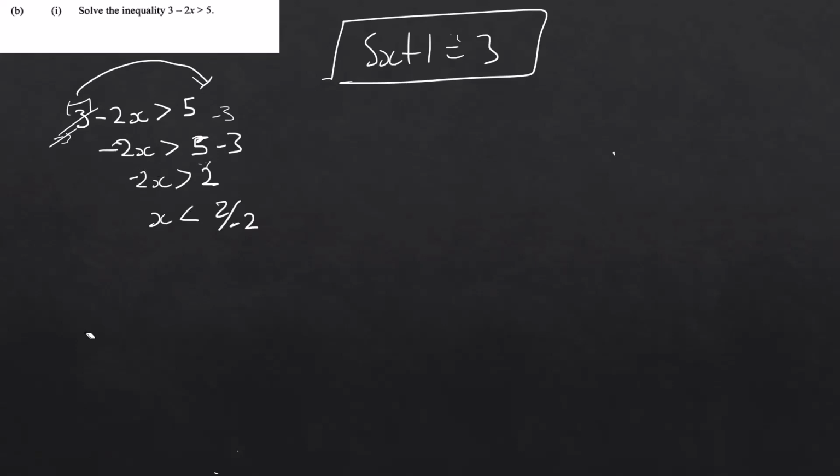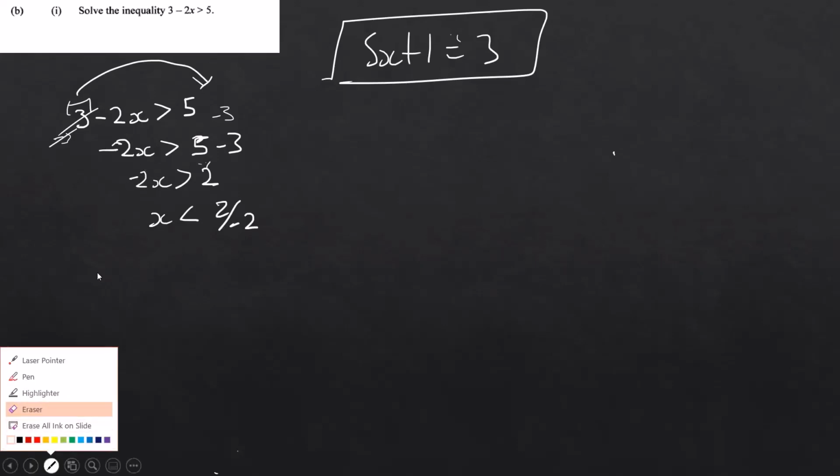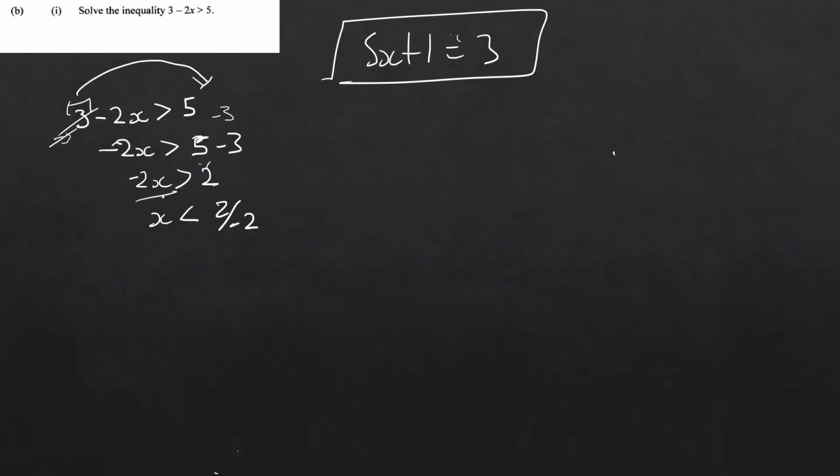Or you can take it the other way and divide by -2 on both sides. I think this is a better way of doing it.